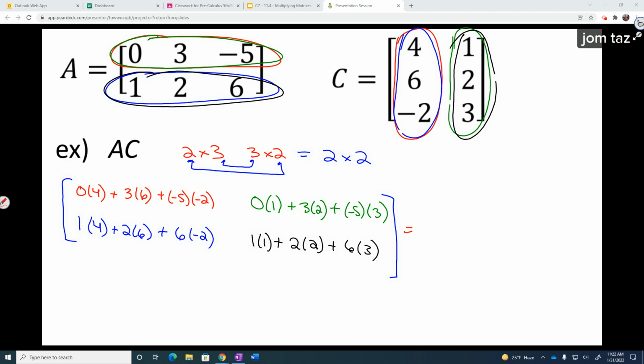After you get the hang of this, you can skip this middle step if you're good with mental math especially, but I'm going to write it out. So here we've got 0 times 4 is 0, 3 times 6 is 18, so plus 18, and then negative 2 and negative 5 is 10, so plus 10.